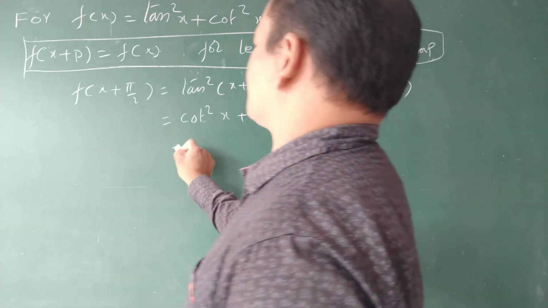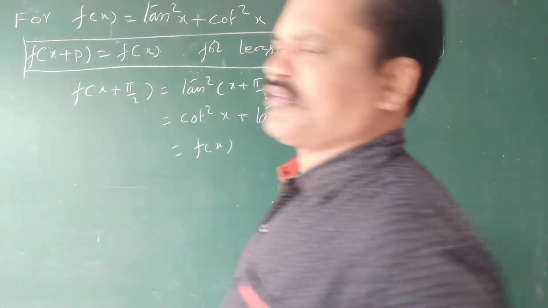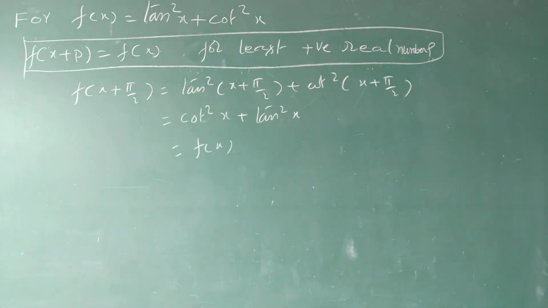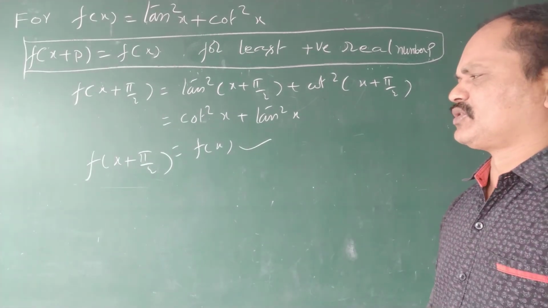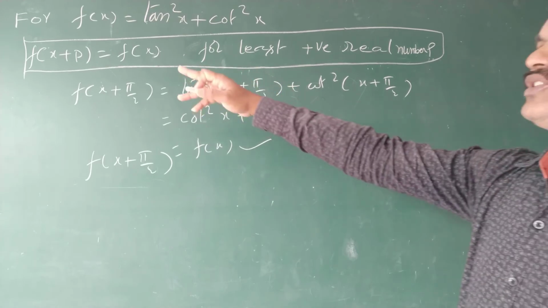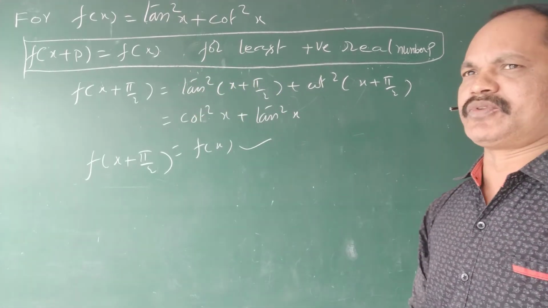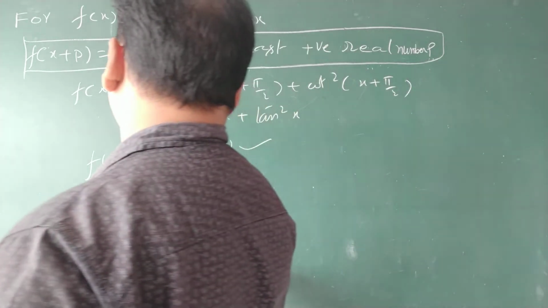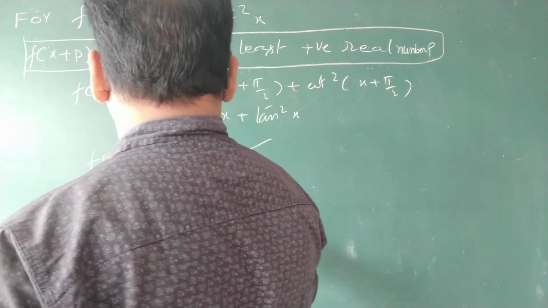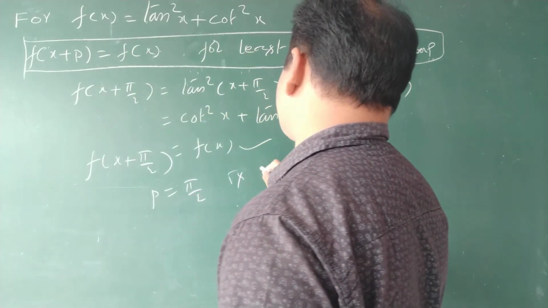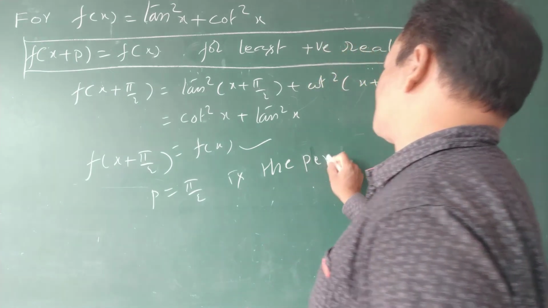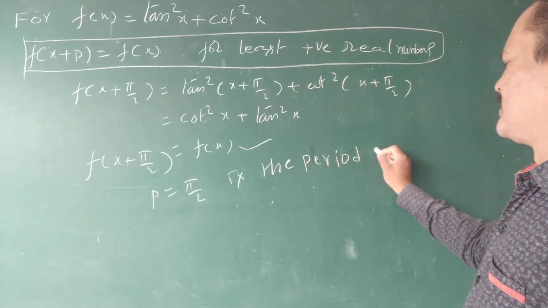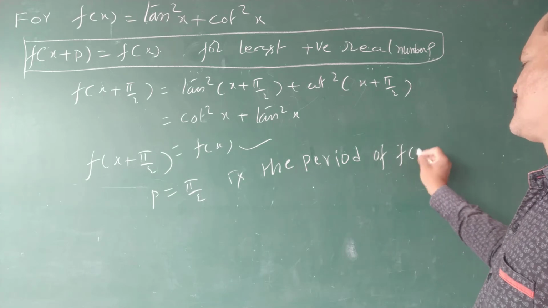That's why the same function will be there. That's why f of x plus pi by 2 is equal to f of x. Comparing with f of x plus p is equal to f of x, p is equal to pi by 2 is the period of f of x.